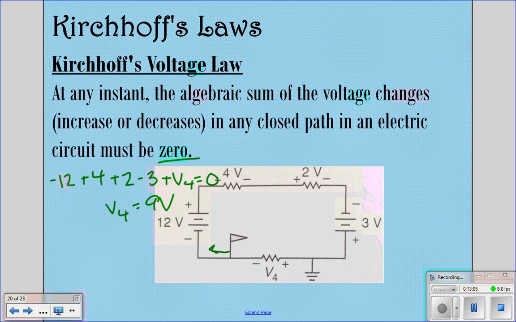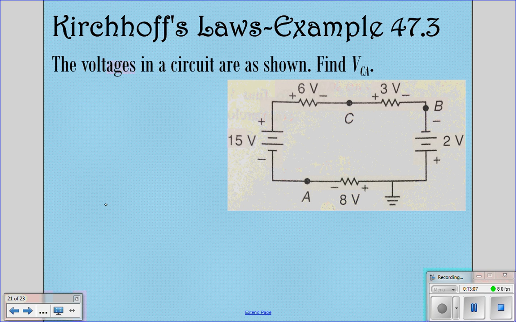So we're going to look at an example. We have the picture, and they want us to find V sub CA.